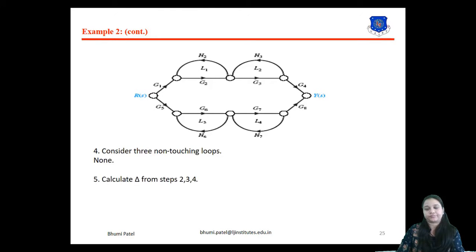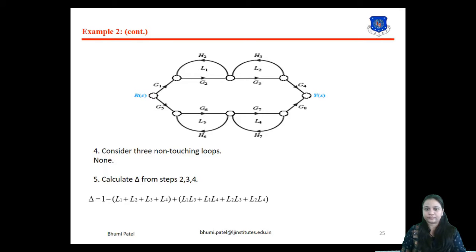Fourth step, consider three non-touching loops. Here you can see that no three non-touching loops are given, so none of the loops are three non-touching loops. Fifth step is to calculate the delta from steps 2, 3 and 4.